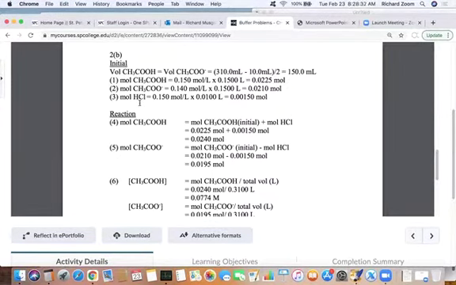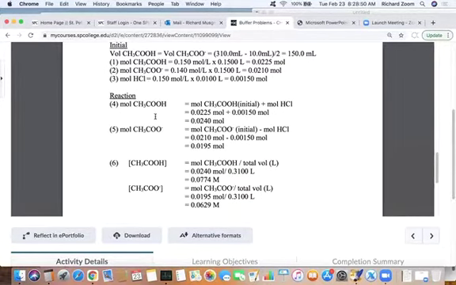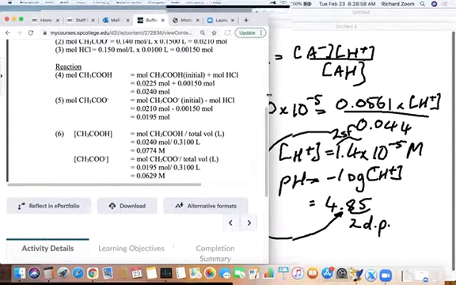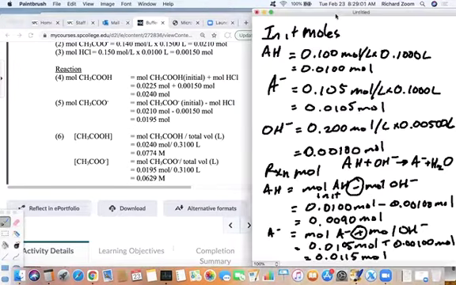And then with the moles of HCl, which is going to end up being the moles of H plus here, it'll be 0.150 moles per liter, the molarity multiplied by 10 mils converted into liters. So we're doing the same kinds of steps here for this one as we did previously. The difference now is in the reaction step. So I want you to contrast this, and I'm going to find the thing here. There it is.